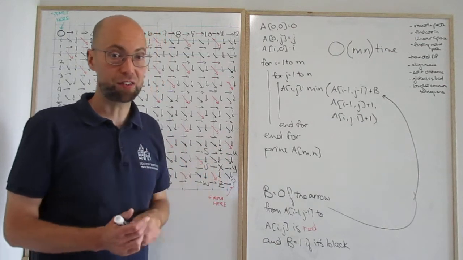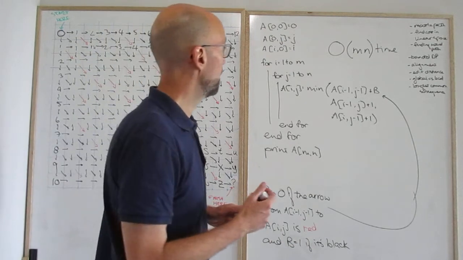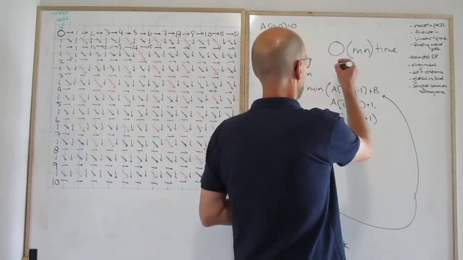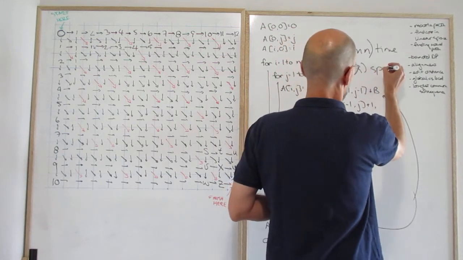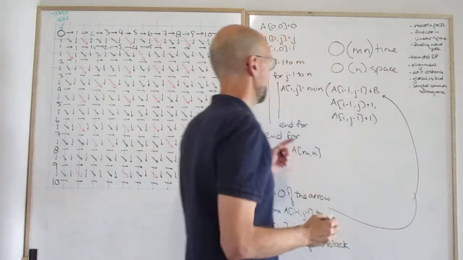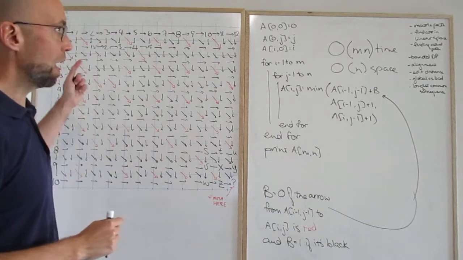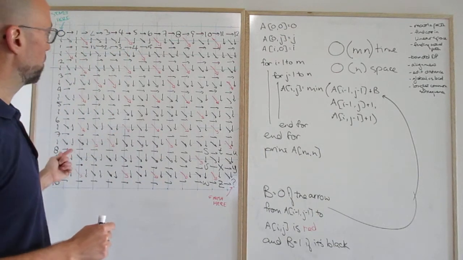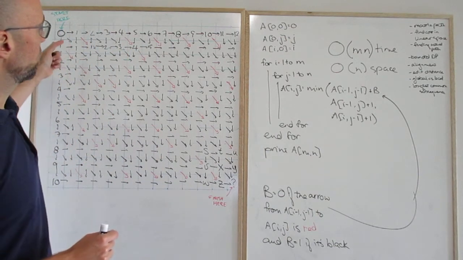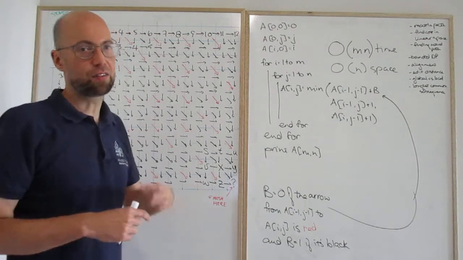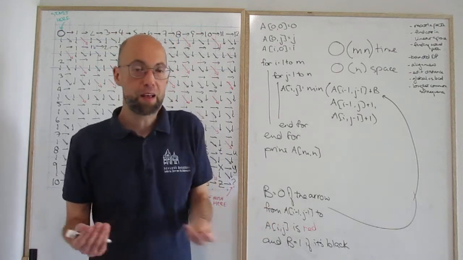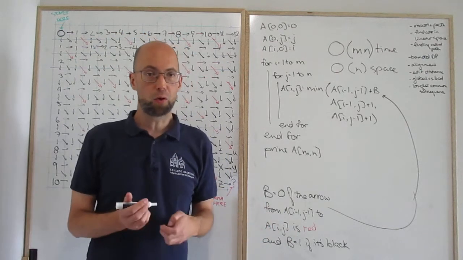So you can actually do this in O(mn) time, but it takes O(n) space. Well, in this case, m is smaller than n, so you could do it column by column instead. Since m is smaller than n, you can use O(m) space.